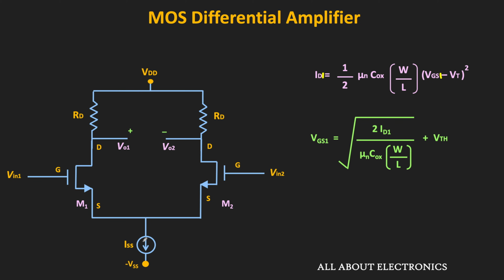Whenever this ID1 is equal to ISS, we can replace this ID1 by ISS. At that time, this VGS1 will be equal to square root of 2 times ISS divided by mu n times Cox times W by L, plus Vth. So this is the expression of VGS1 whenever this ID1 is equal to ISS.